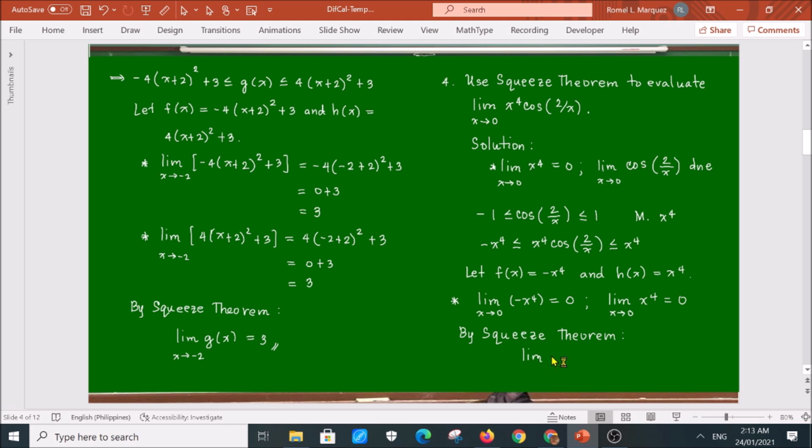Our g of x is x to the fourth times cosine of 2 over x. So the limit of x to the fourth times cosine of 2 over x as x approaches 0 is equal to 0. Okay.